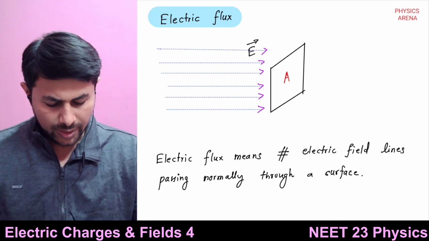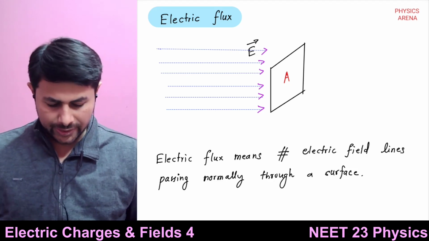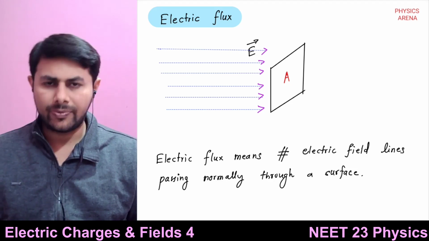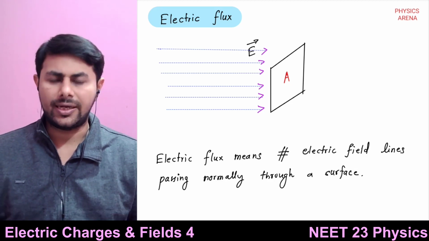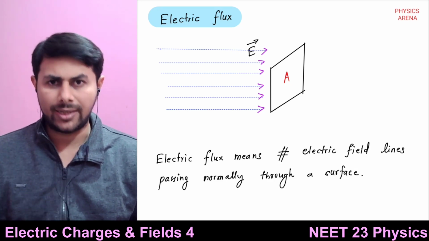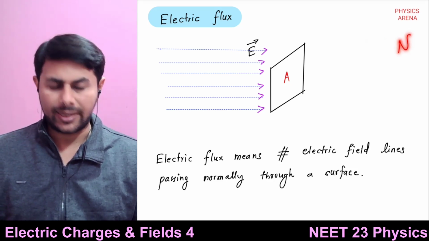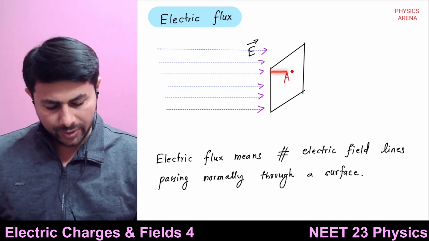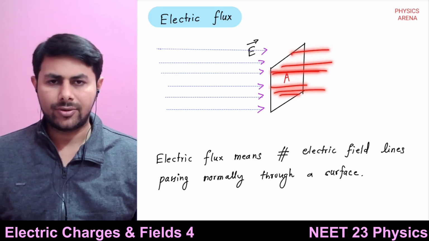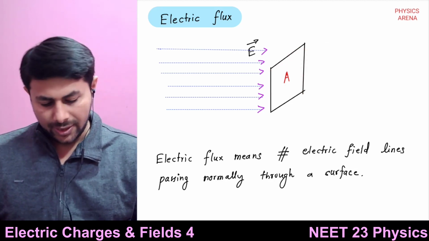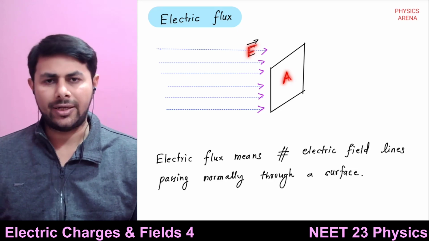Okay. So now we will consider that the magnitude of electric field is directly proportional to the number of electric field lines. E is directly proportional to the number of electric field lines. So the field lines that are passing through this area can be written as E multiplied by the area.